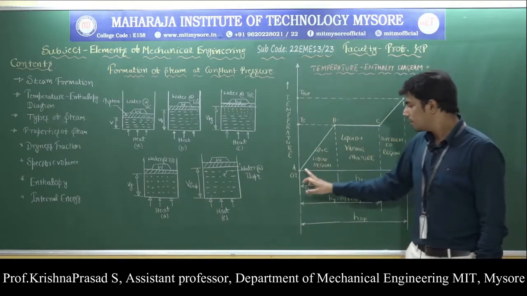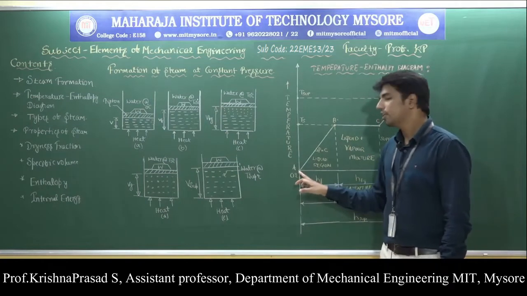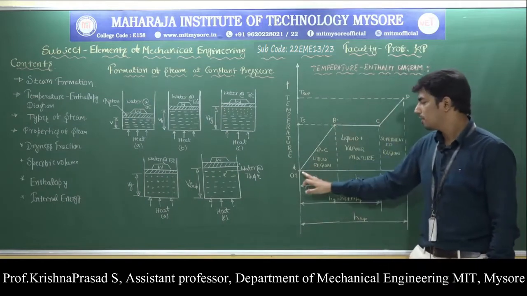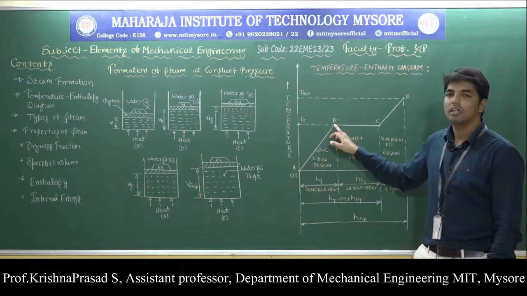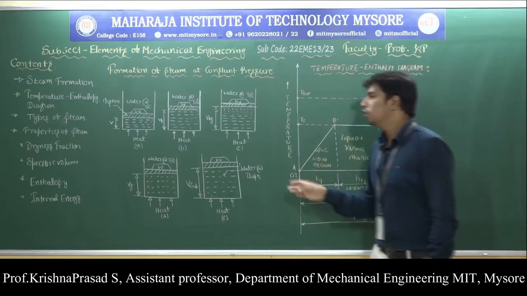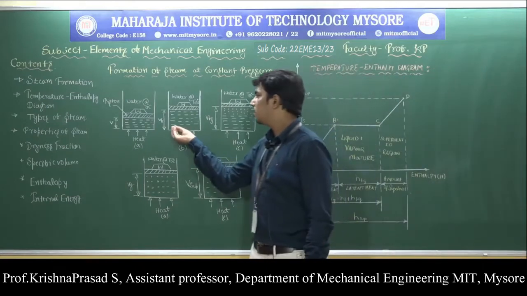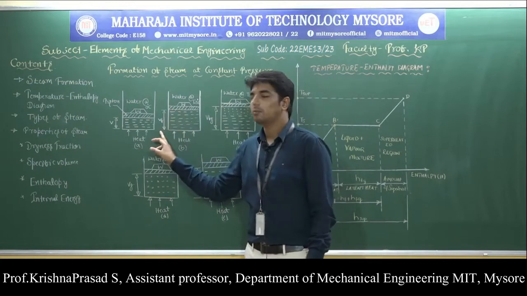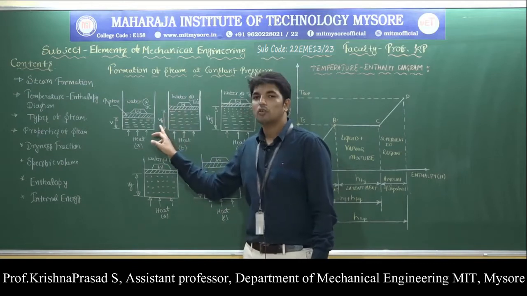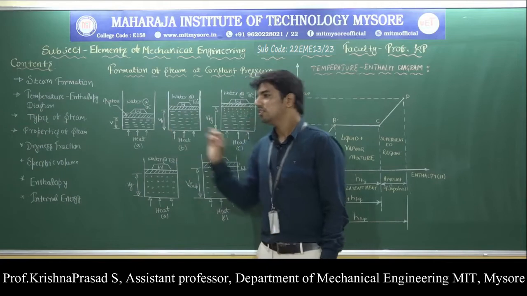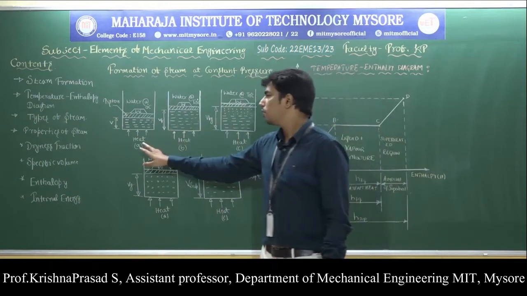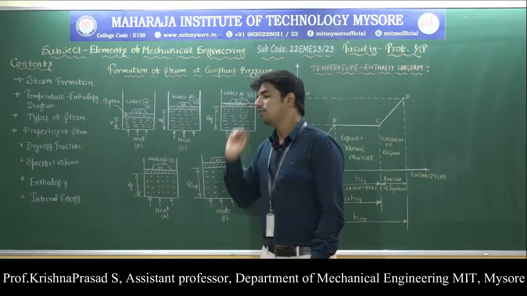The temperature slowly rising from 0 degree centigrade to the saturation temperature is represented by line AB on the TH diagram. During this process, there is a slight increase in volume, represented by figure B, and the volume is called Vf. So this is regarding the transformation from solid phase to liquid phase.